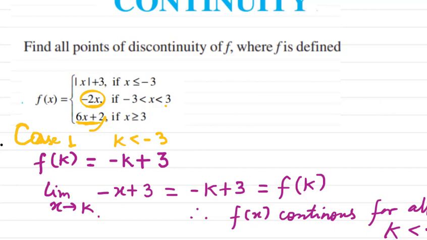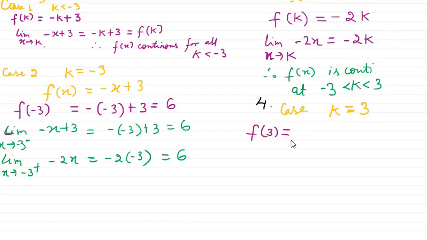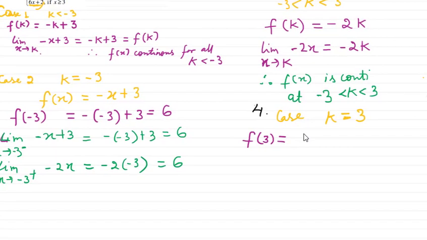So now we will find out whether it is continuous at x equals 3 or not. First we will find f(3). I told you at x equals 3 your function will be 6x plus 2. So in place of x we just put 3. So 6 into 3 plus 2 gives you 20.